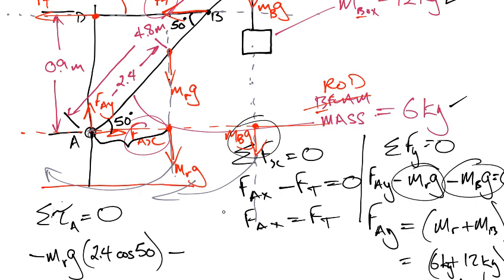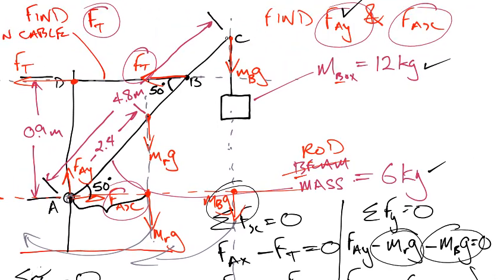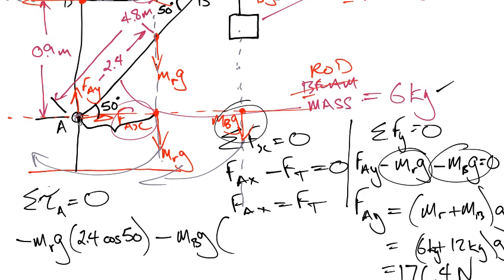minus, now this guy, MBG. Now, instead of it being 2.4, now the whole distance all the way to the top here is 4.8. But this distance now is going to be 4.8 cosine 50.